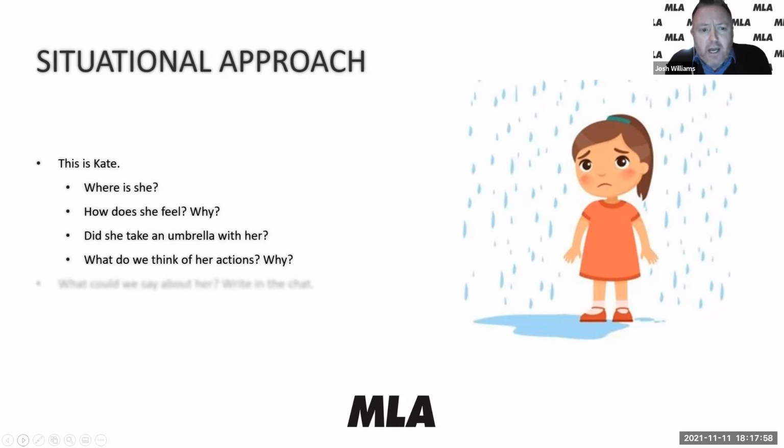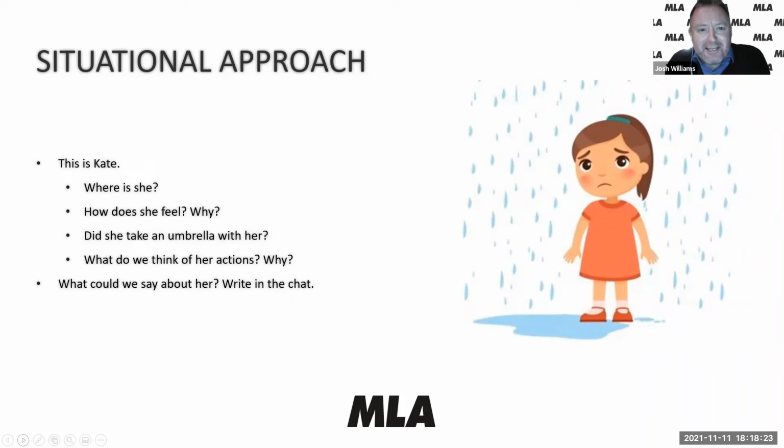So regarding the umbrella, regarding the situation she's in, what could we say about her? What could we say about her actions that led her to this point? She wishes she had taken an umbrella, good. How could we express something about a mistake?